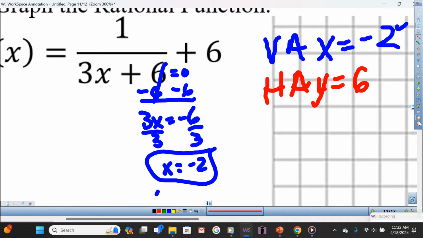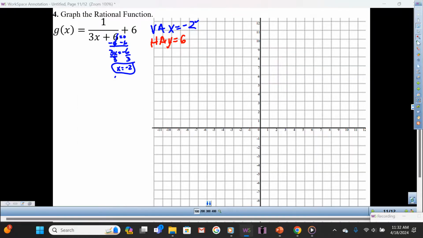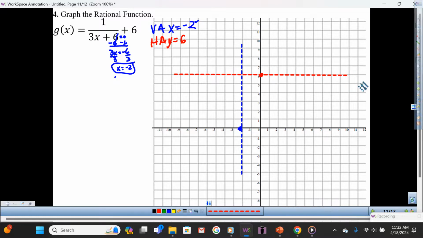All right, let's graph that. Let me zoom out. x = -2 is right here. Then we got +6 on y, which is right there.